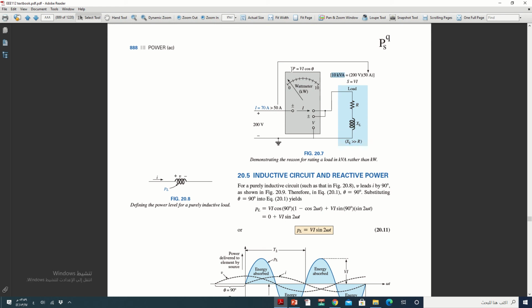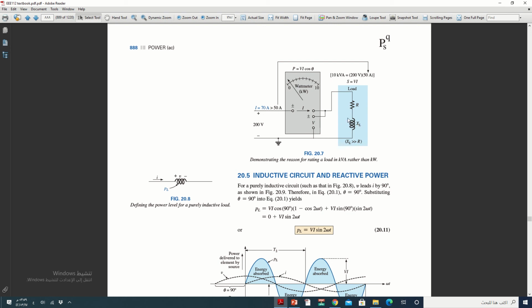We will not depend on the wattmeter, because sometimes the watt will show low active power since the resistance here is very low, but actually the equipment, the load as a whole, will draw more current than the rating current, because the impedance or reactance of the inductor is high.